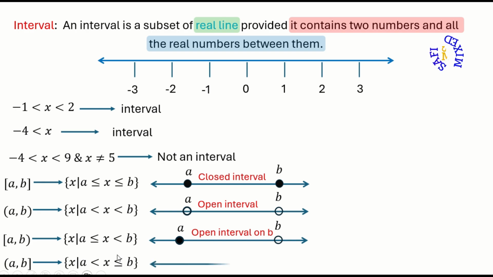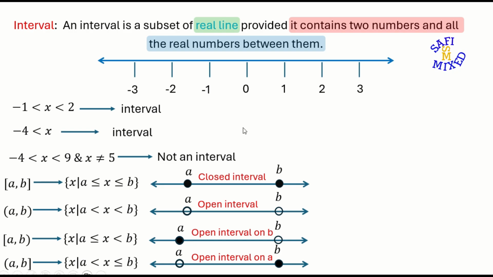On the real line, such an interval is expressed again by putting two circles, but this time the filled circle is put at the position of B and the empty circle at the position of A.